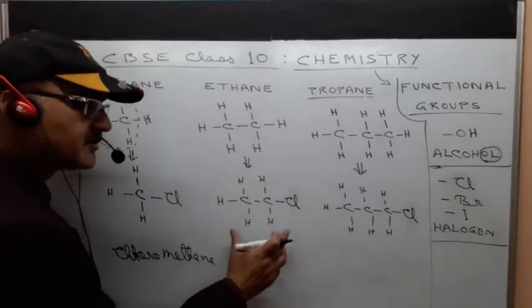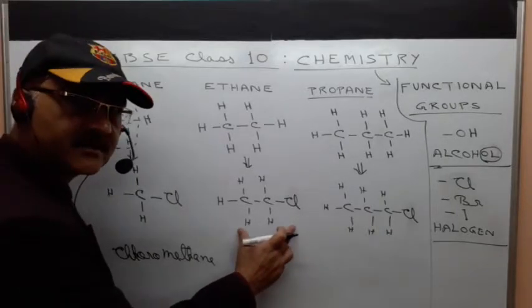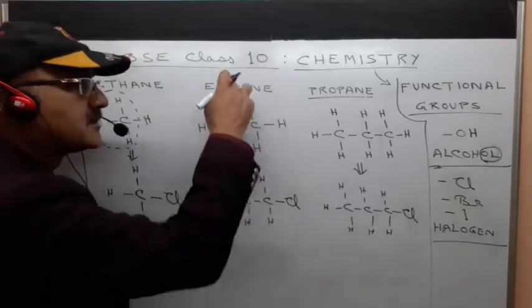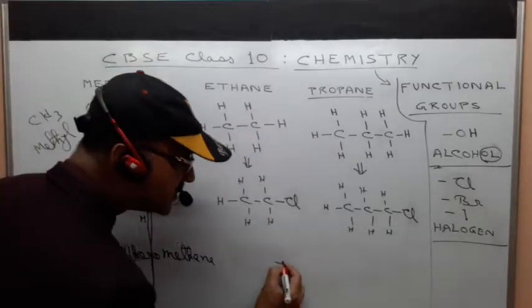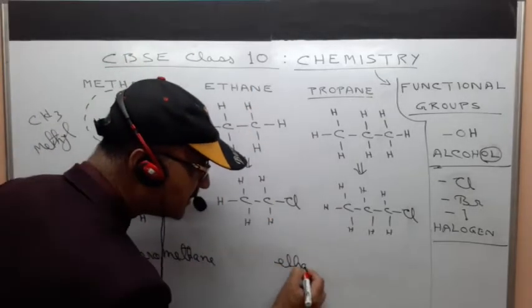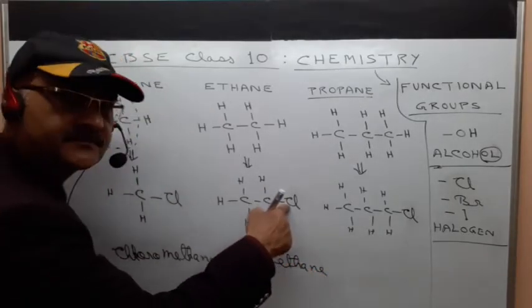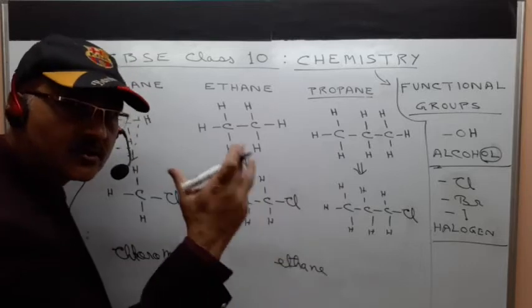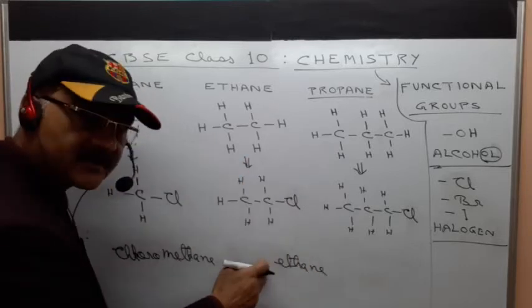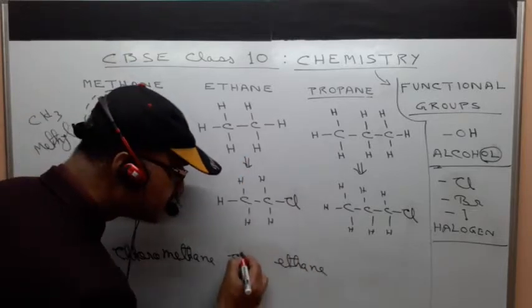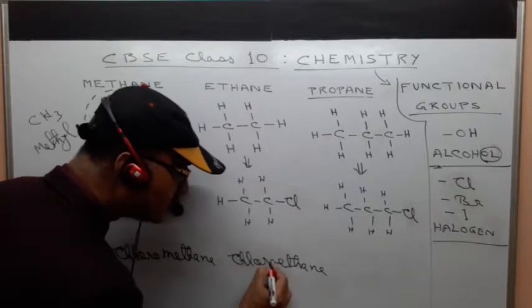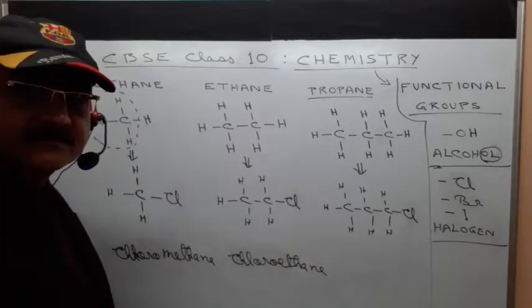Similarly, what will be the name of this thing? This is ethane. There is a chlorine here. So that will be chloro, which will be a prefix here. So this will be chloroethane.